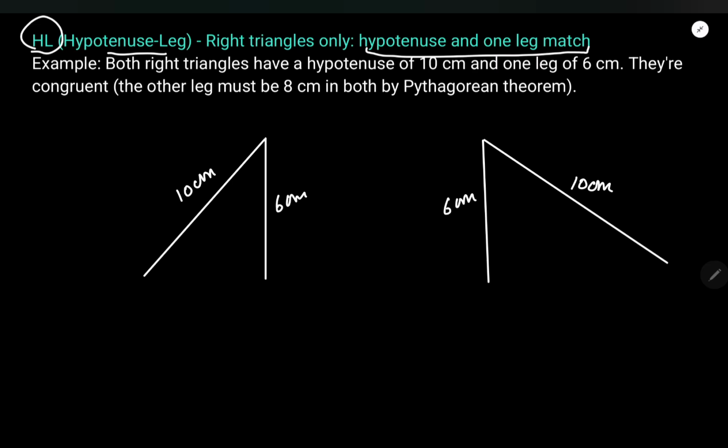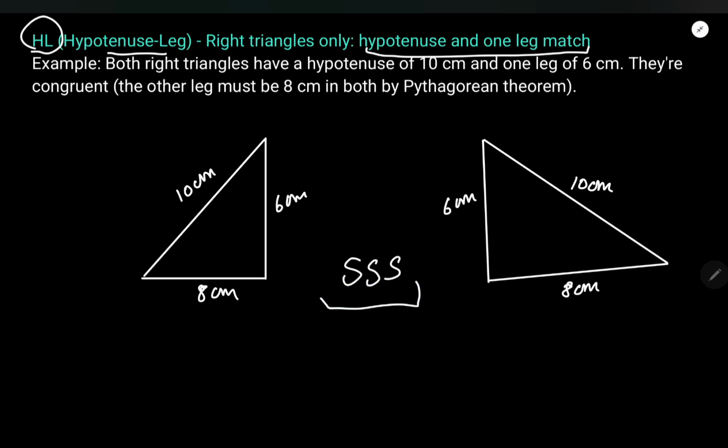Then obviously, if it is a right angle triangle, the third leg will always be equal to 8 centimeter. So they are same, then it becomes SSS congruency, right? So in a right angle triangle, if you have hypotenuse and one leg same, then as well triangles are congruent.